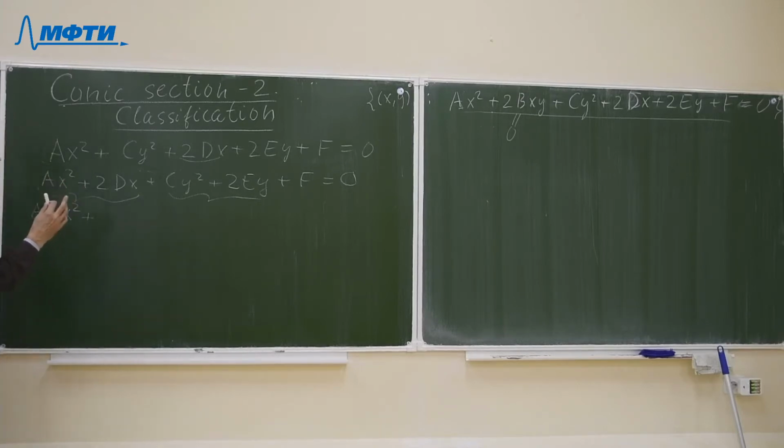First of all, we suppose that the coefficients A and C, or maybe only one of them, are not equal to 0. We consider two cases. First, both of these coefficients are not equal to 0.